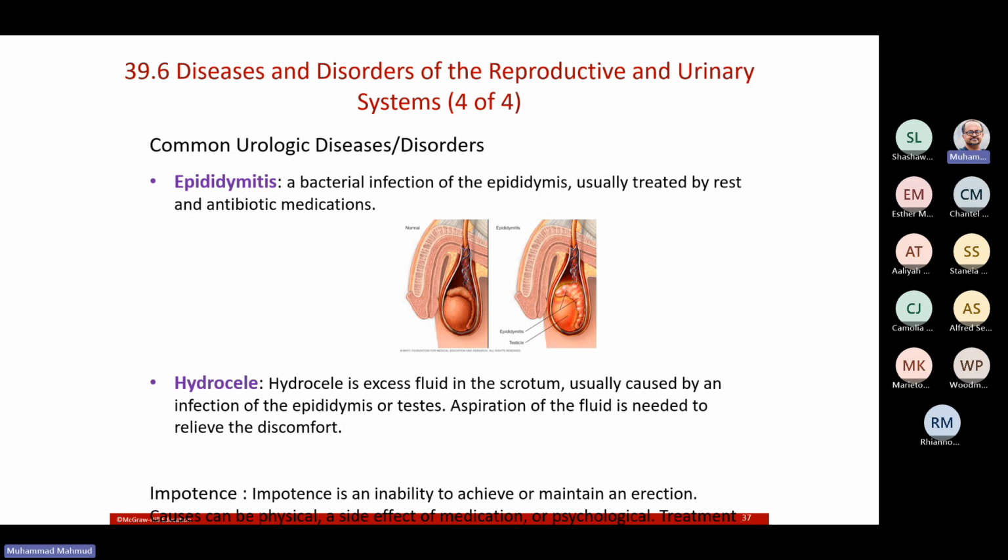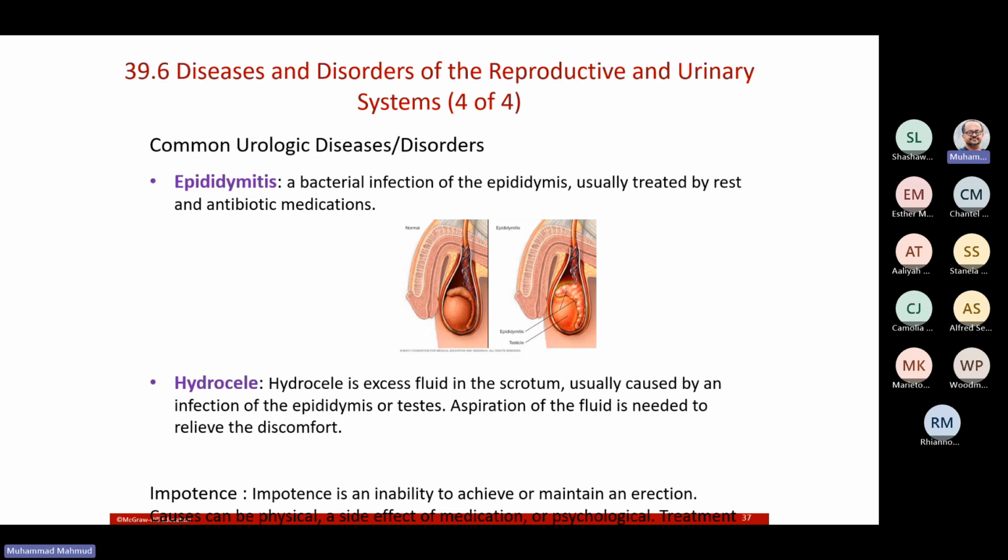In male reproductive system, just above this testicle, you see this epididymis. That organ can be inflamed, and this is the epididymitis. A bacterial infection treated by rest and antibiotic medications. If there is a fluid accumulation inside the scrotum, excessive fluid, that condition is hydrocele.